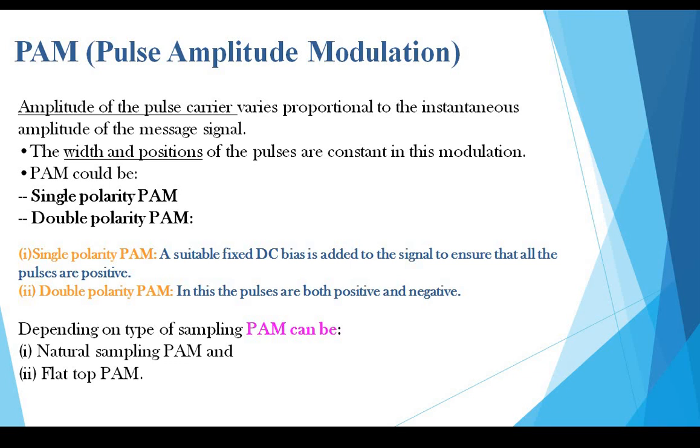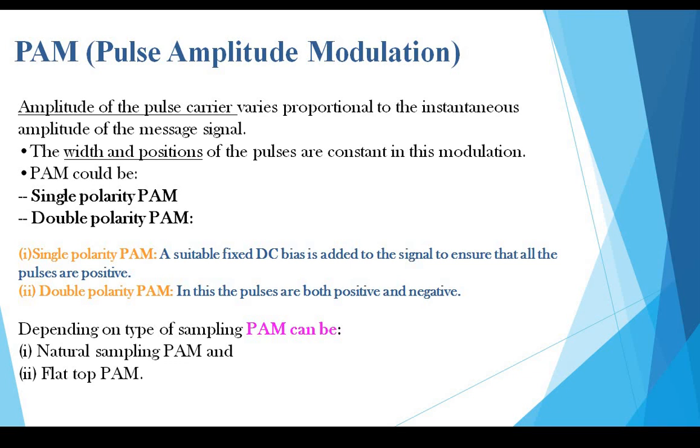Now pulse amplitude modulation can be of two types. The first is single polarity pulse amplitude modulation and the second is double polarity pulse amplitude modulation. In single polarity, a suitable fixed DC (direct current) bias is added to the signal to ensure that the pulses are positive. In simple words, note it down: the amplitude of the regularly spaced pulses is always positive.